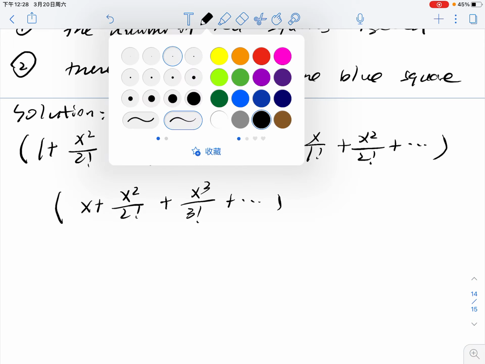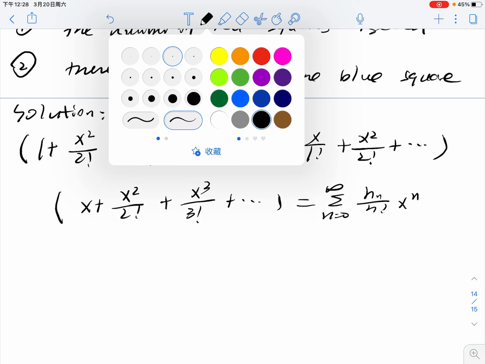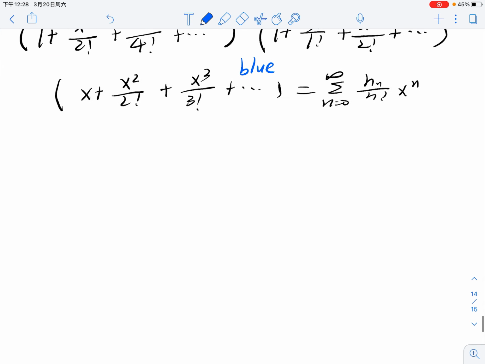So this is the generating function. And this is the red part. This is the green part. For the green part, there's no restriction. And for the blue part, you miss the first coefficient.